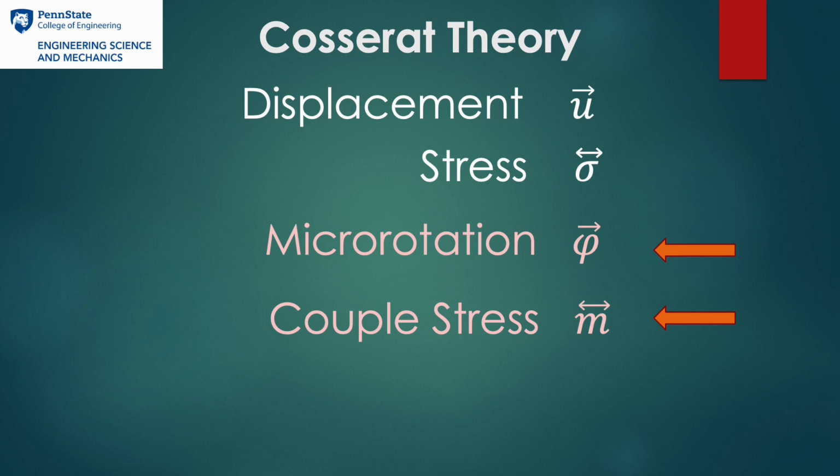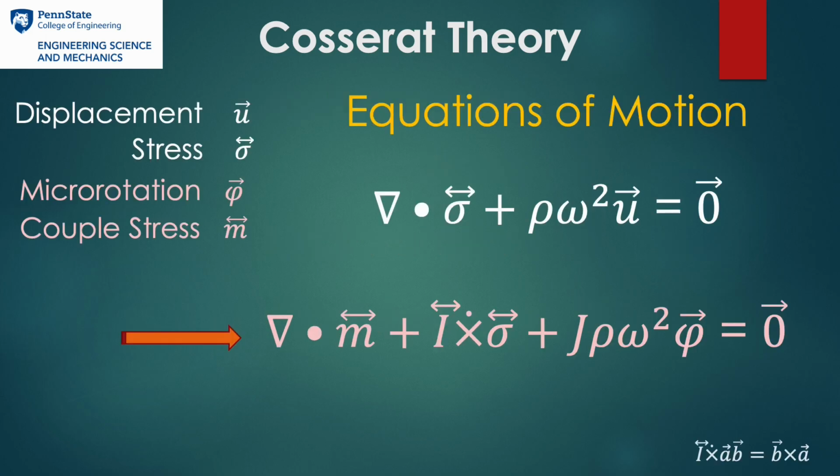In addition, it creates a new field vector called microrotation denoted by phi and a coupled stress tensor M. The usual equation of motion will not conserve angular momentum now, for which purpose another equation of motion is needed. And that has J times rho as the inertia per unit volume. But that's not all. There are new constitutive relations as well.